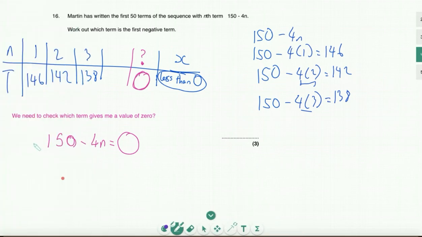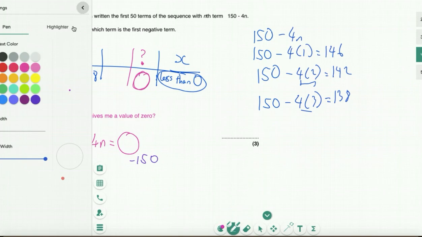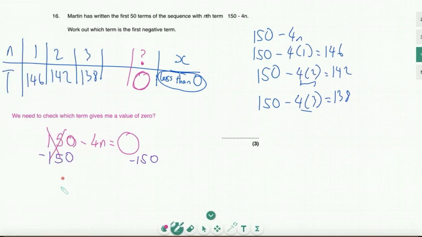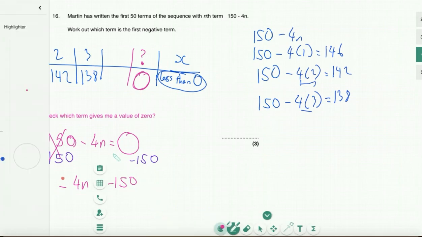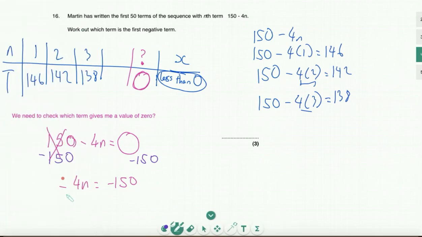So first, we're going to subtract 150 from both sides. So it's going to be minus 4n is equal to negative 150. Then n is being multiplied by minus 4. Opposite of multiplying by minus 4 is dividing by minus 4.